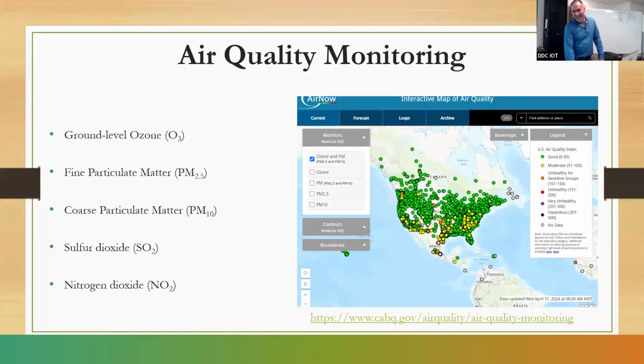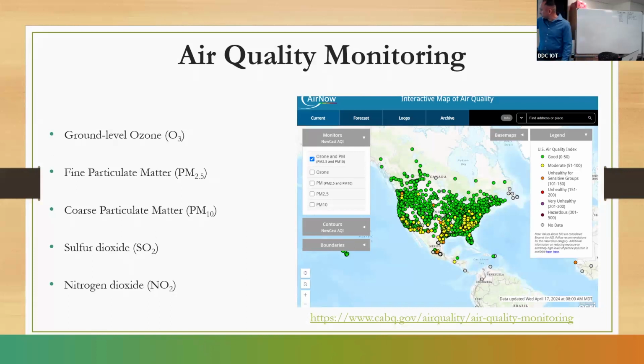Here's an image of the city of Albuquerque's interactive map. I wanted to bring this to a bigger picture of things, right? This is the United States. As you can see, Canada and others, it goes larger than this. I only highlighted the ozone and the PM 2.5 and PM 10.